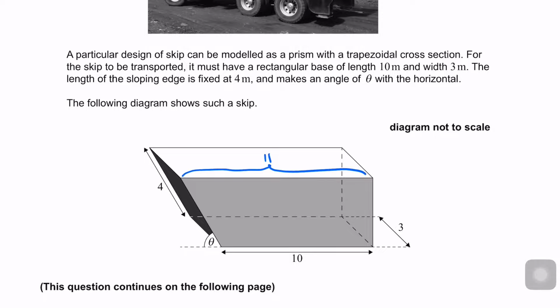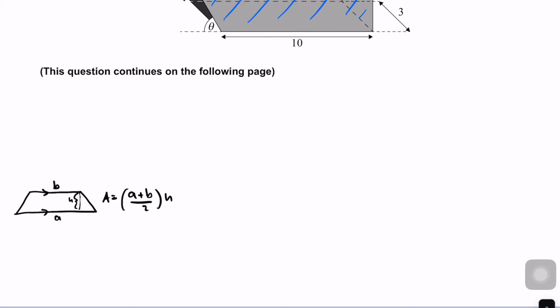So how can we calculate this face right here? We already looked at what the area of a trapezoid is. It's the average of the top and bottom multiplied by the height. So (a + b) over 2 multiplied by the height.